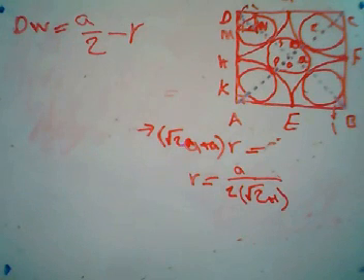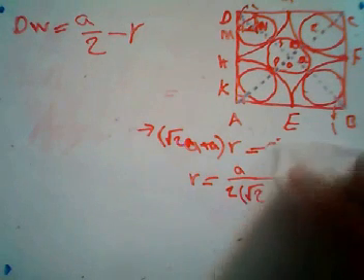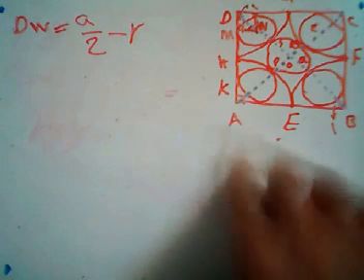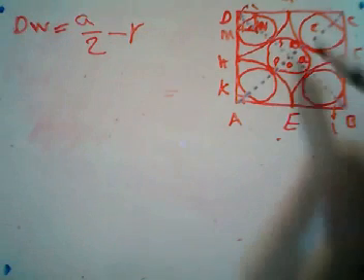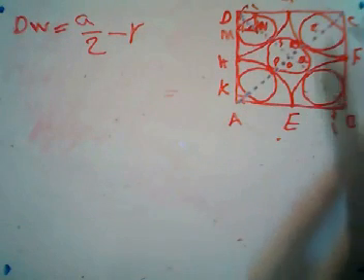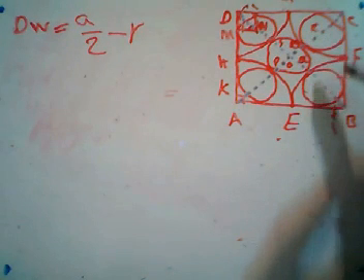But what about the center circle? Its center is the center of the square, which is the intersection of the diagonals.